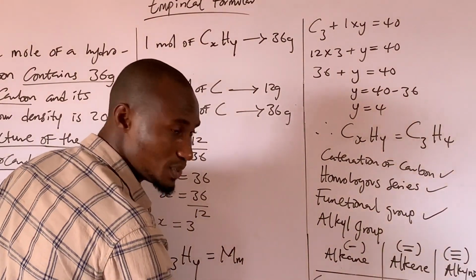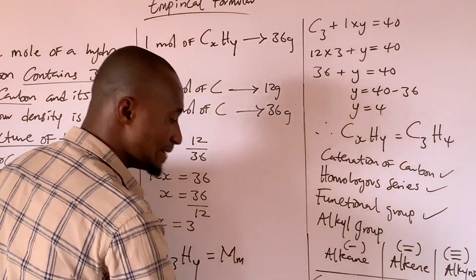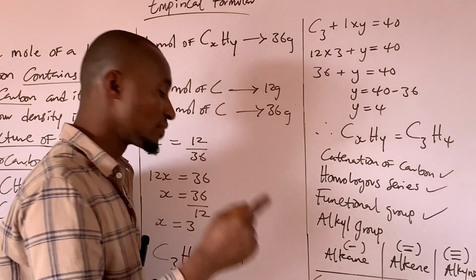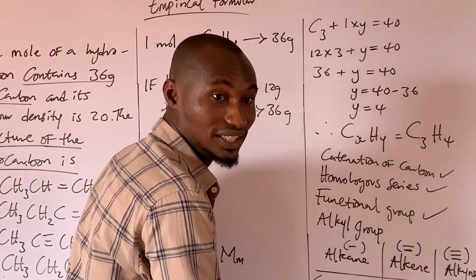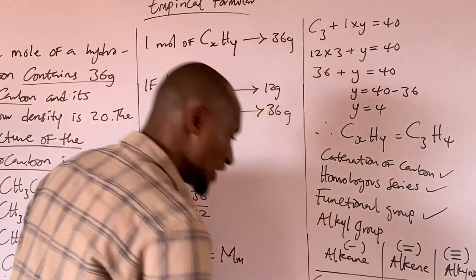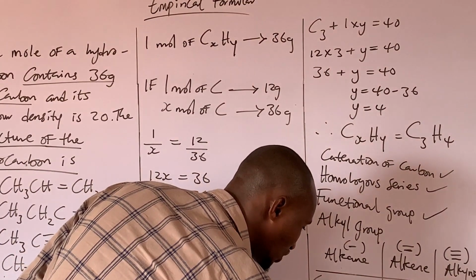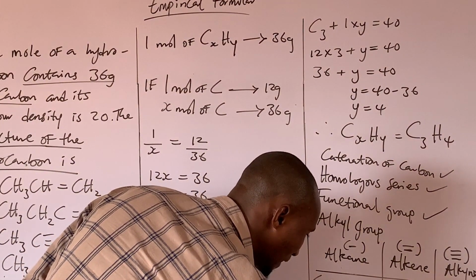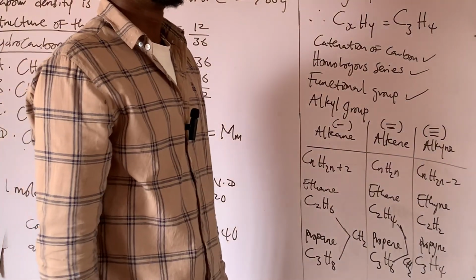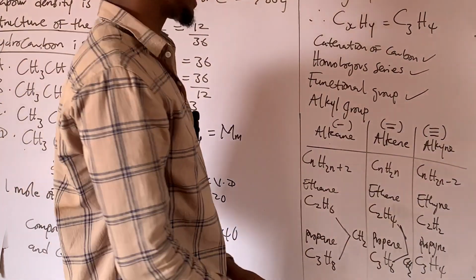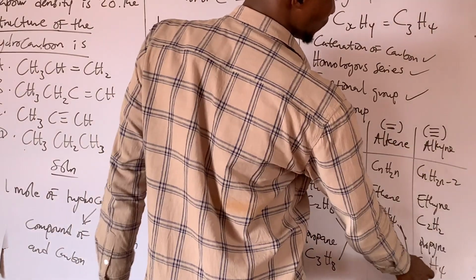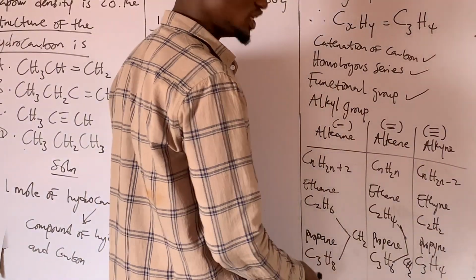We have C3 here, we have C2 here. The difference between C3 and C2 is C. We have H8 here, the difference between H8 and H6 is H2. Are you seeing that? It differs by CH2. So C3 minus C2 gives you C, and H4 minus H2 gives you H2.